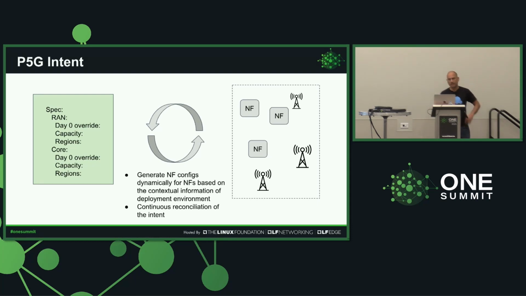So what we have done for the private 5G intent is we are using this experimental topology controller. So you describe the whole topology, and the topology controller fans it out to package variant controllers. And the very simple business intent. So on the left, you're seeing we have very simple intent for RAN, very simple intent for core.